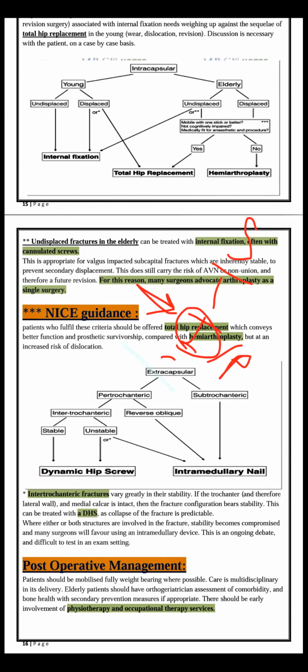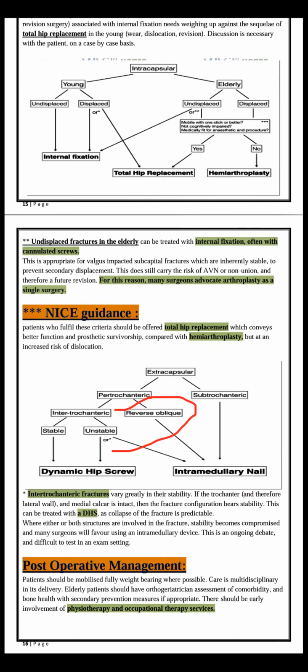But when you have intertrochanteric and you will go for intramedullary nail, it is in just two conditions: if I have an unstable fracture or a reverse oblique fracture. Keep these two conditions. In intertrochanteric or peritrochanteric fractures, you go for intramedullary nail, not dynamic hip screw, only if they are unstable or reverse oblique.